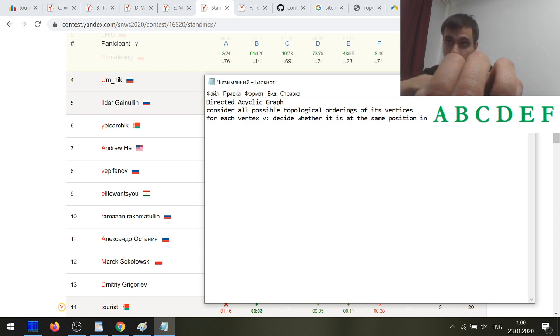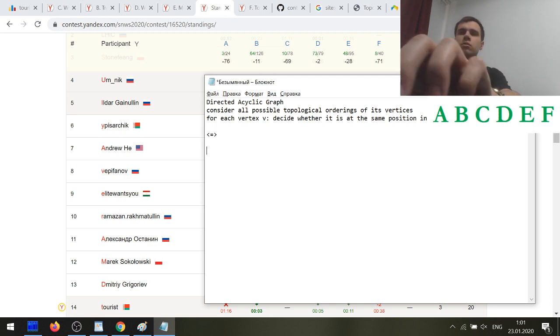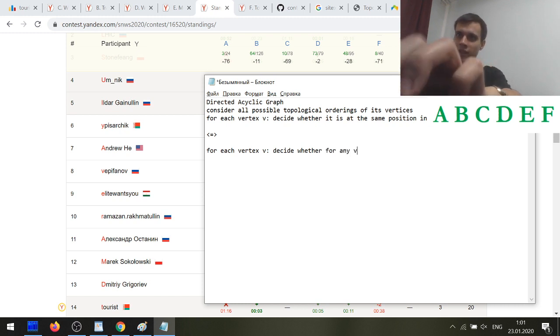So, I want to decide whether the vertex has the same position in all top sorts. It's actually equivalent to deciding, for each vertex v, whether for any vertex u, we can reach u from v, or we can reach v from u.